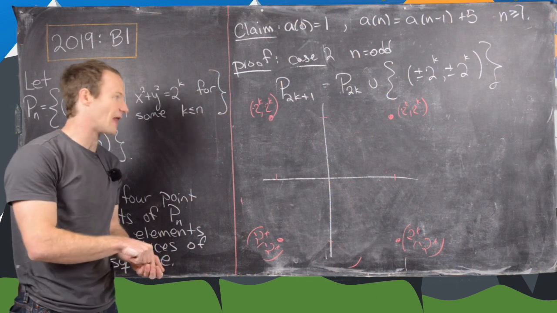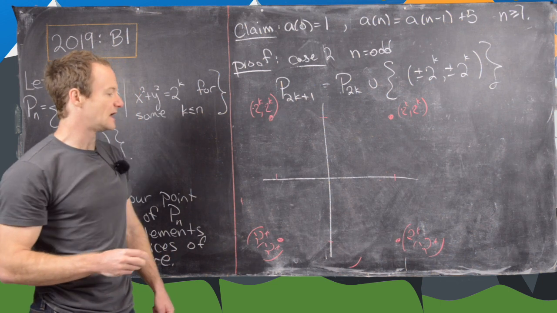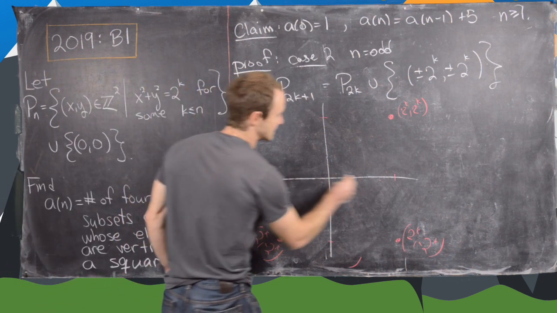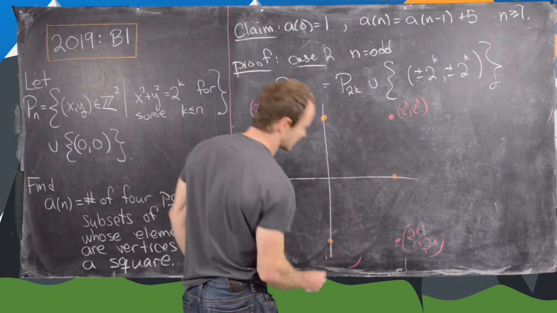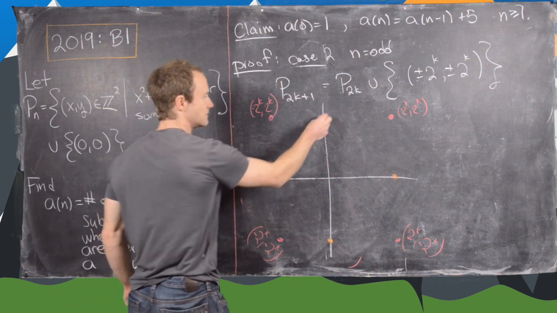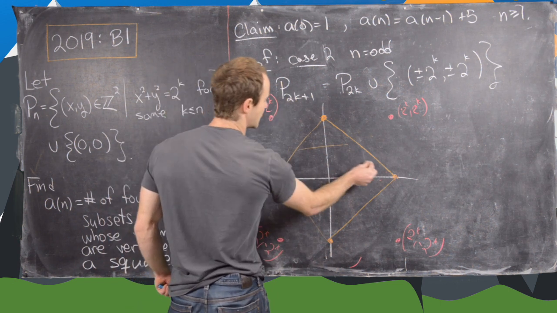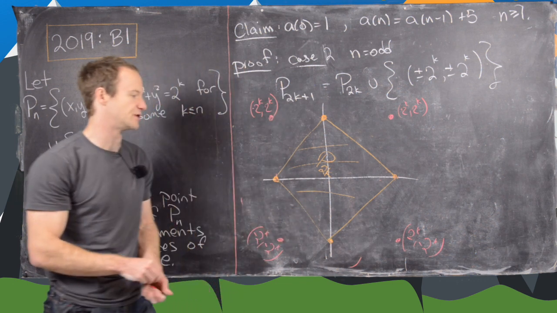And then recall that the last points that we put in, in other words the ones from P of 2k, will be along the coordinate axes, because the even solutions always correspond to the coordinate axes. So now we can fill this in like that, and notice everything inside here is part of P sub 2k.